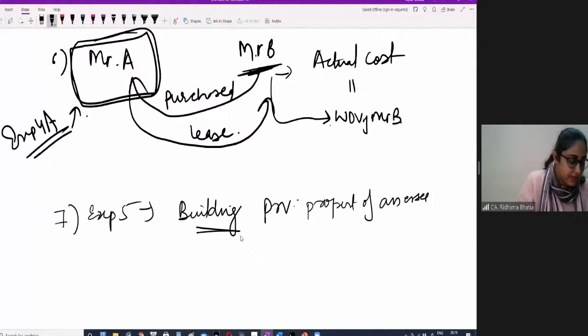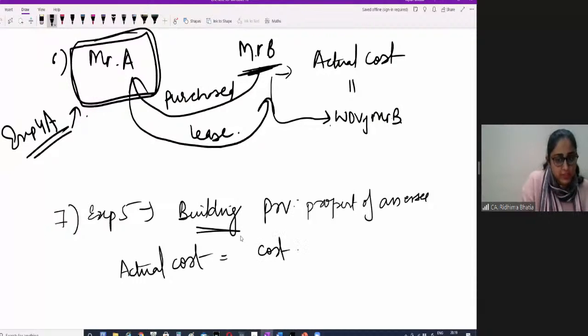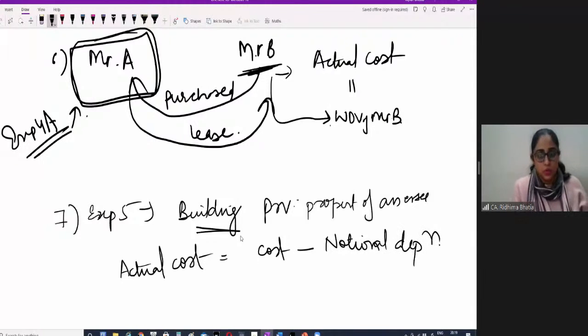In that case, the actual cost for the block of the asset would be the actual cost for which you purchased minus notional depreciation for all the years it was with you. So suppose there was a building which is my own where I used to live for 10 years.